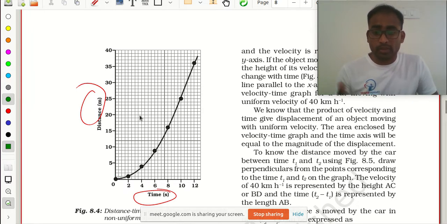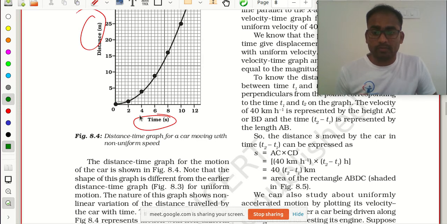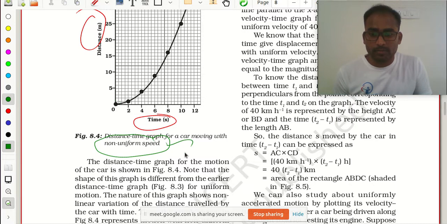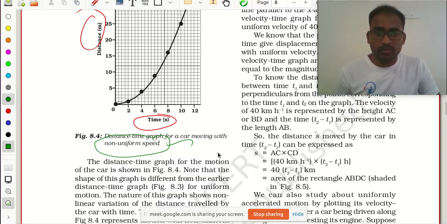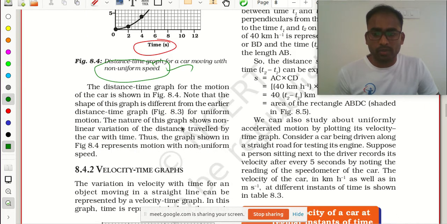So this is a non-uniform speed. Understood? Why is it a non-uniform speed? Because my distance is varying with respect to the time in a non-uniform way. That is why my speed also becomes non-uniform.